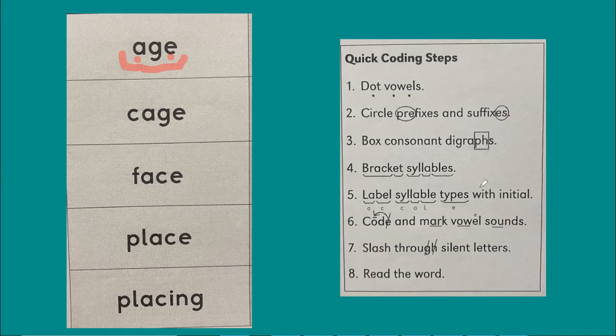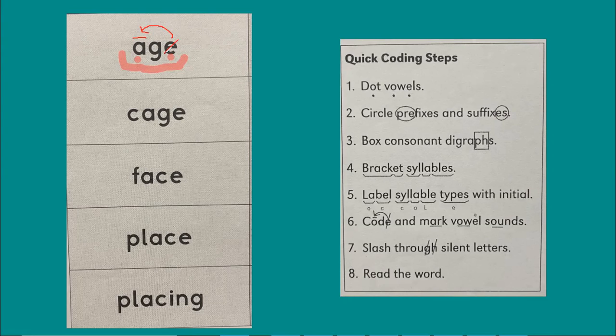And then we want to label syllable types. So I see that there's a silent E at the end, age, and there is a vowel, consonant, vowel, and this is Mr. A. So, remember, I'll make the pen smaller, the long A, and we go over to the A, mark our silent E out.